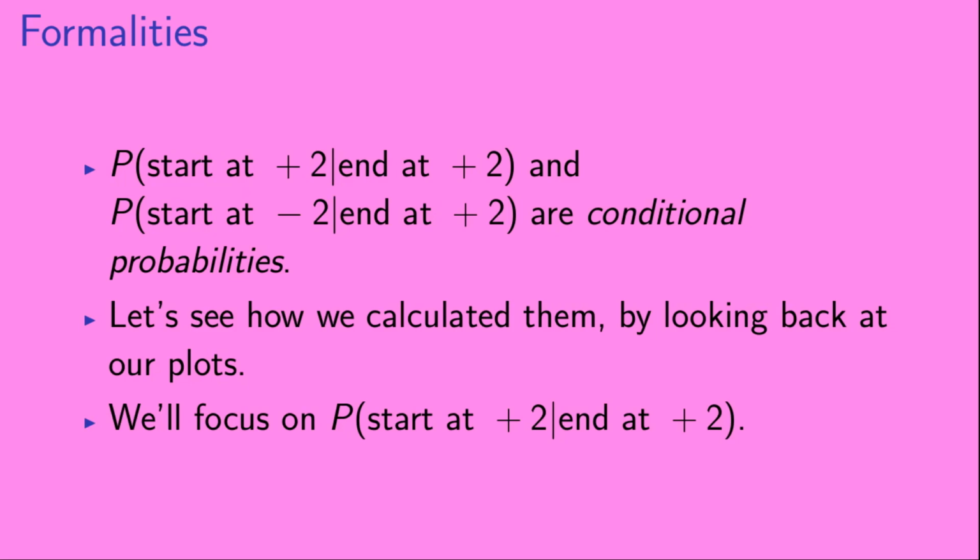Now, the probability that it starts at plus 2, given that it ends at plus 2, and the probability that it starts at minus 2, given that it ends at plus 2, are conditional probabilities. Let's see how we calculated them by looking back at our plots. We'll focus on the probability that the object started at plus 2, given that it ended at plus 2.